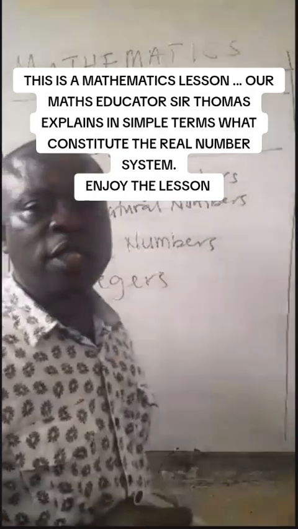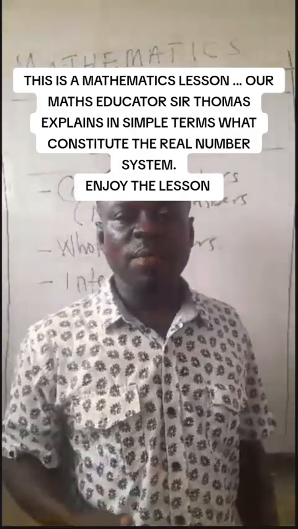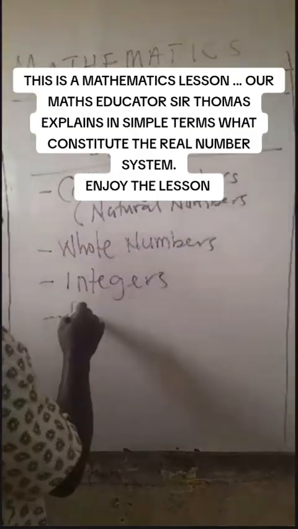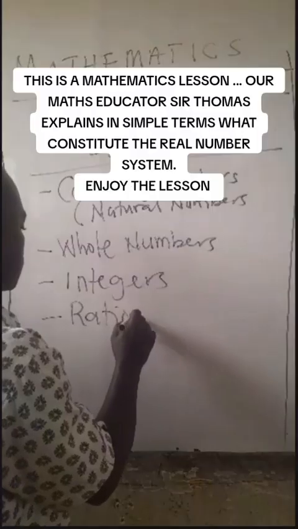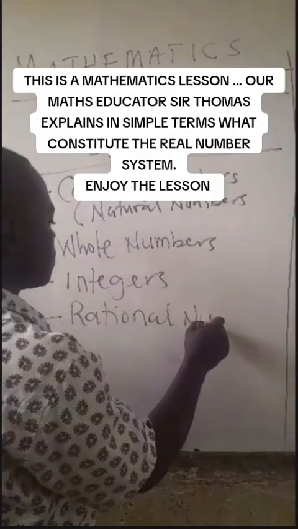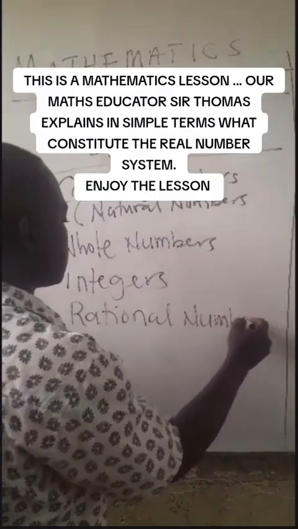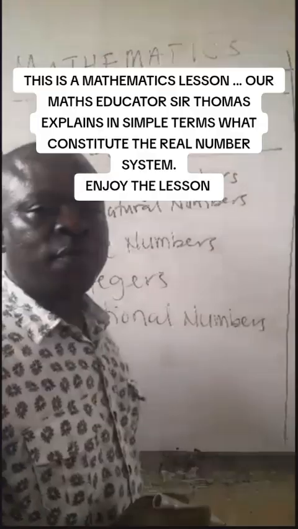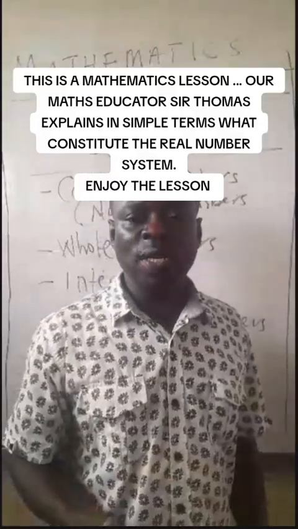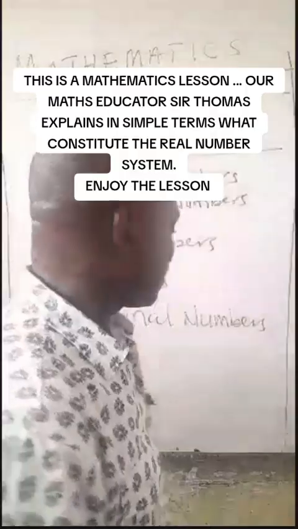From integers, we move on to rational numbers. And then from rational numbers, the last one is irrational numbers.